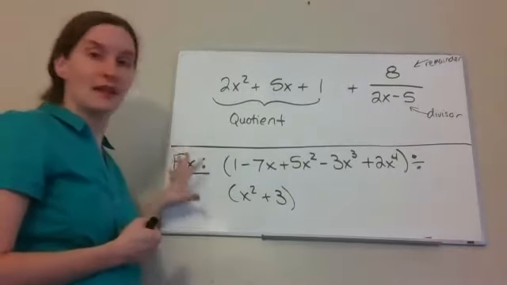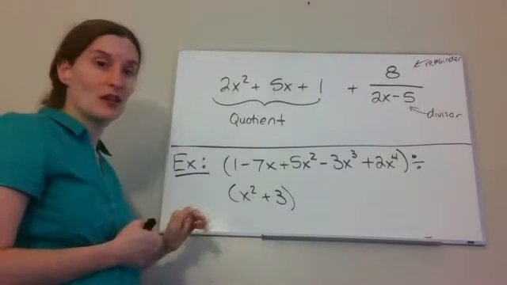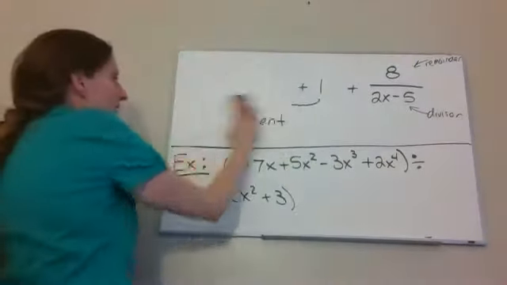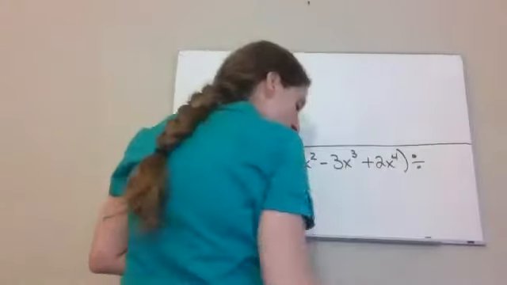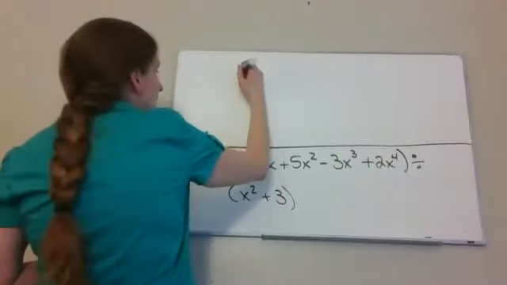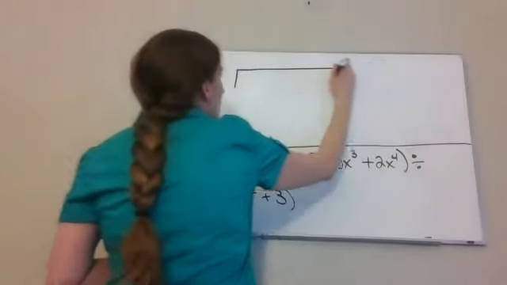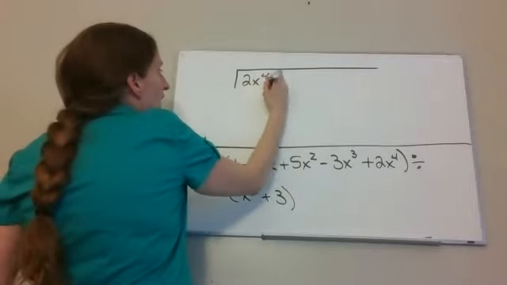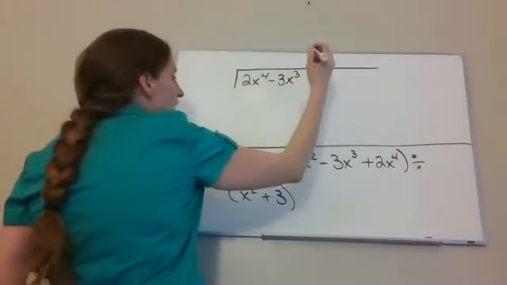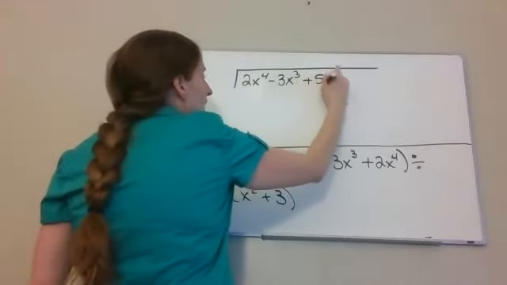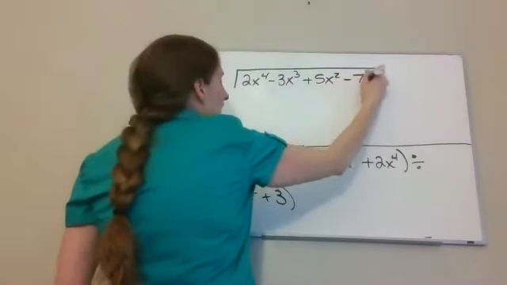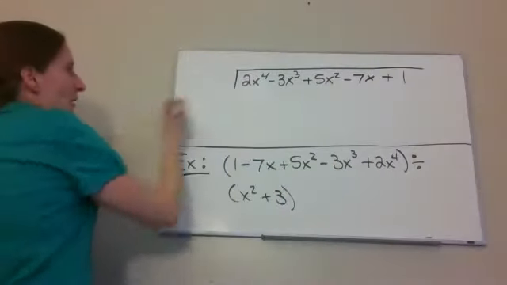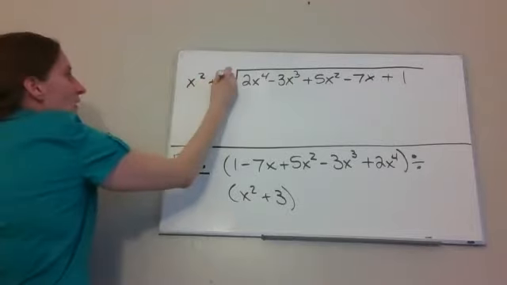So when I rewrite this in the proper form for doing long division, I'm going to rearrange the order of my dividend. So writing this problem so that we can do it, I'm going to have a 2x to the fourth, a negative 3x to the third, positive 5x squared, a negative 7x, and a positive 1, all divided by x squared plus 3.